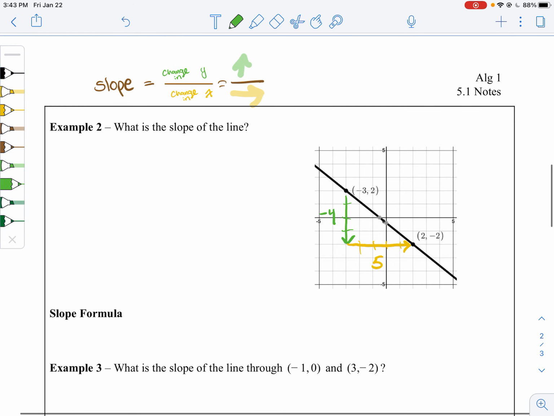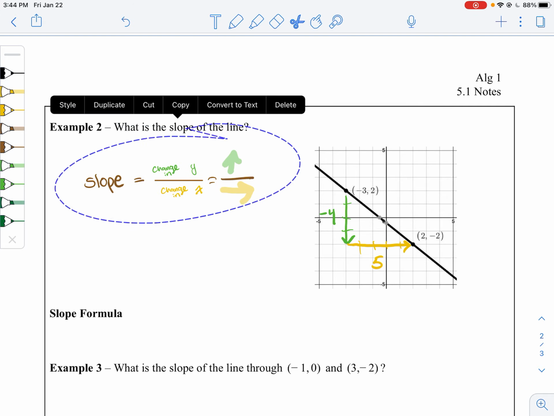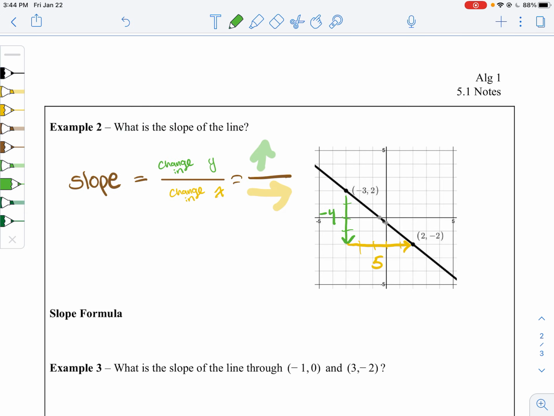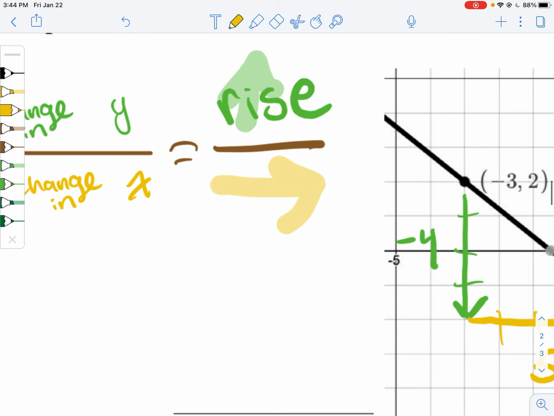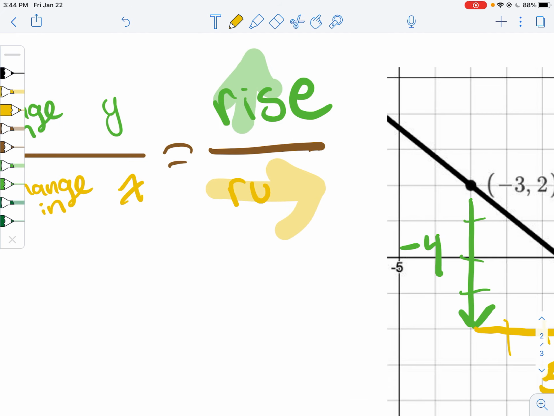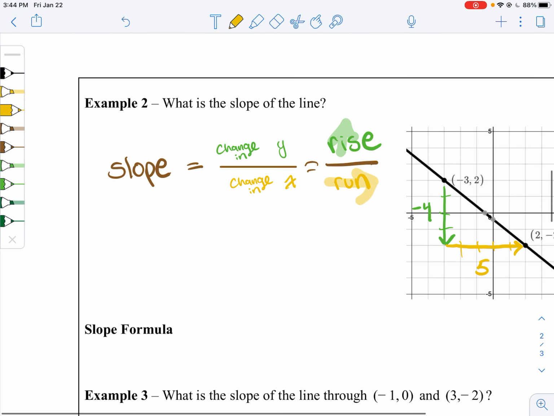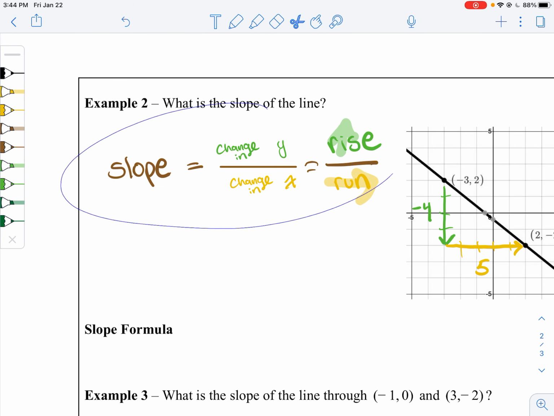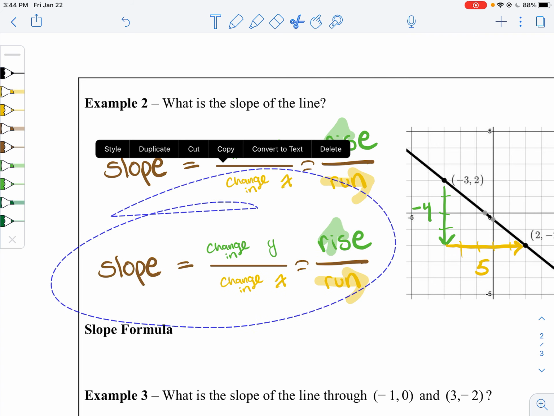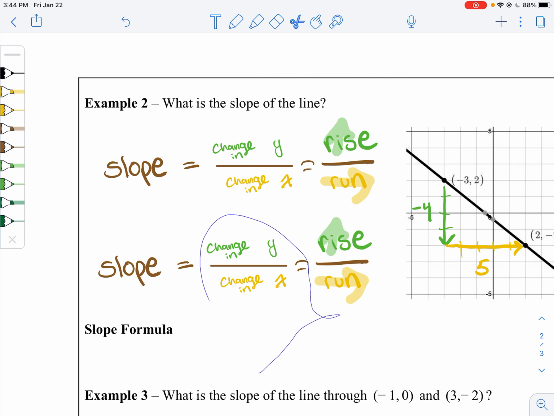Now, change in y is itself cumbersome. Another way to say how far we went up, we can just call that rise. And how far we went to the right, it's really verbose. Let's just say run. So here's your shortcut. Slope is rise over run.